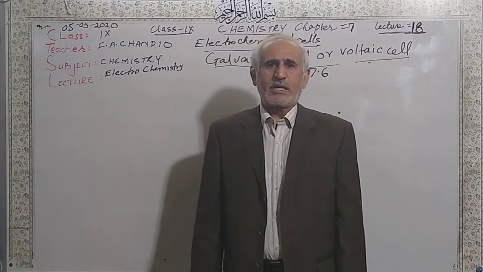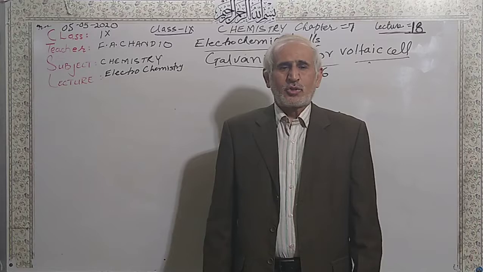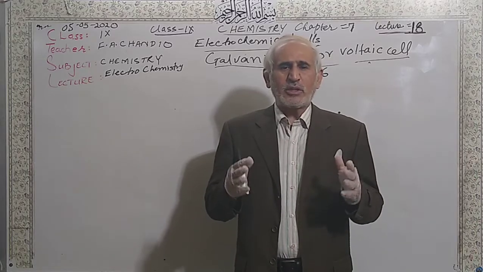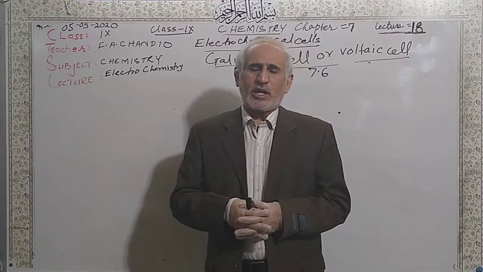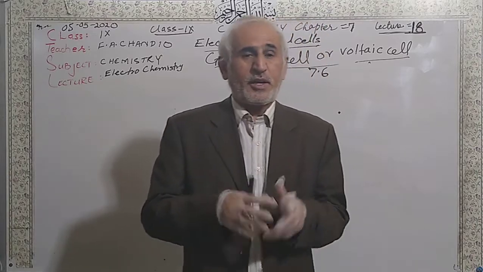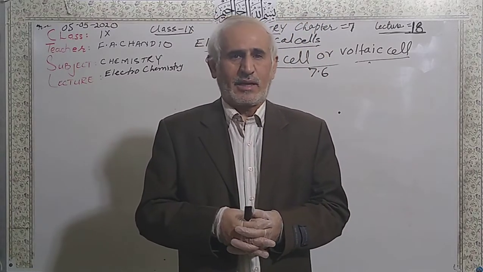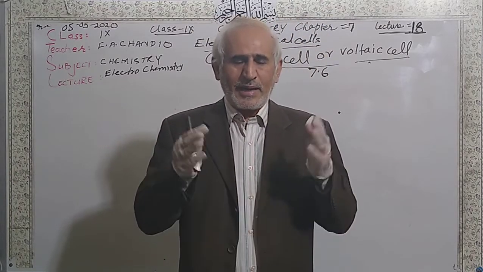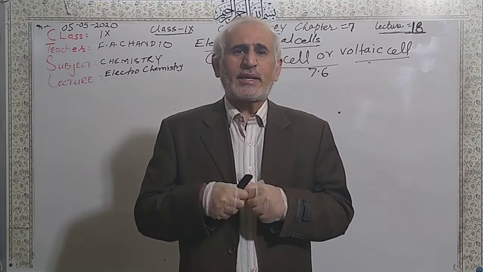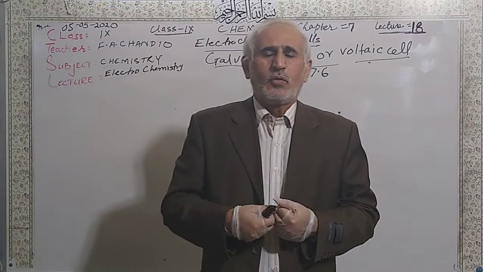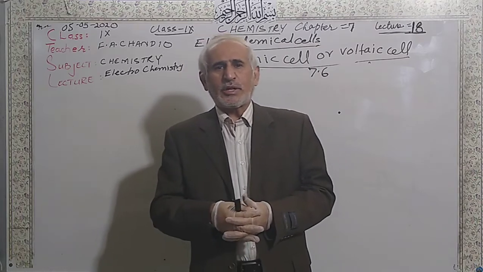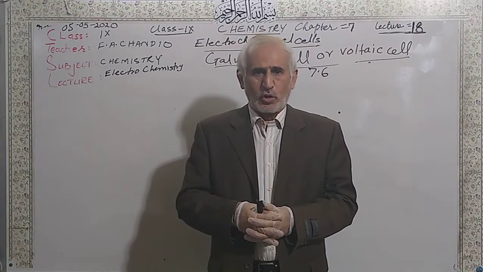So you are unable to determine the electrode potential for the half cell reaction by using the Daniel cell. The Daniel cell is used to calculate the overall redox electrode potential, 1.1 volt.